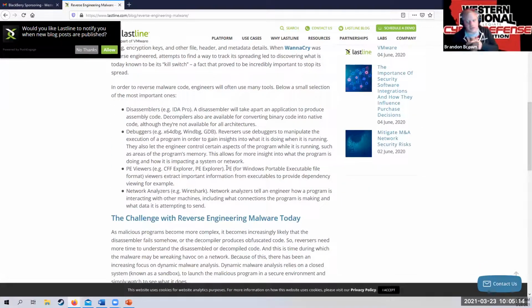It has a process of using debuggers and disassemblers for the actual programs, PE viewers, network analyzers, obviously like Wireshark, etc., which are good. But basically how folks reverse engineer malware is they take the malware and they put it into an environment not too dissimilar to your own VMware Workstation environment. Now, that might be more robust, with more systems, but it's air-gapped.